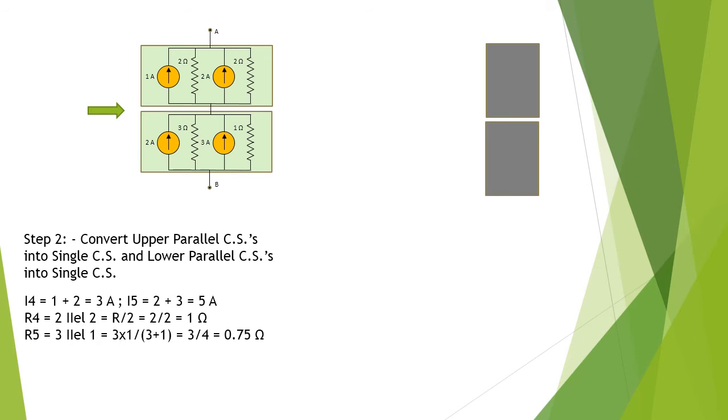In the lower parallel current sources, 2 ampere and 3 ampere are both flowing upward, hence the same direction, therefore I5 is equal to 2 plus 3, which is 5 ampere.